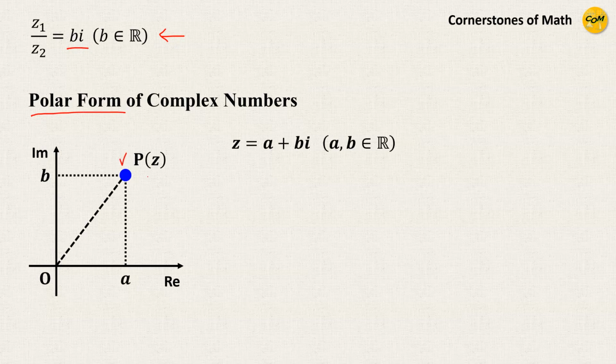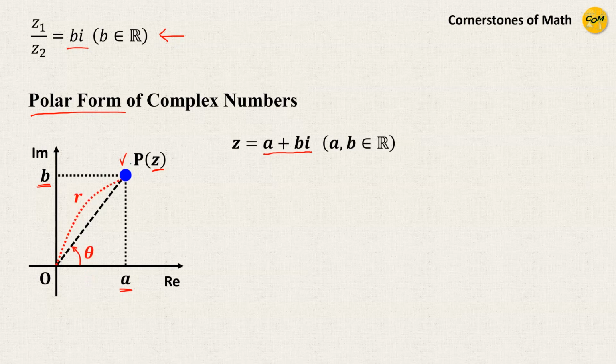Consider point P on the complex plane representing the complex number Z. Z has a real part A and an imaginary part B, hence it can be expressed as A plus bi. However, there is another way to express this complex number.